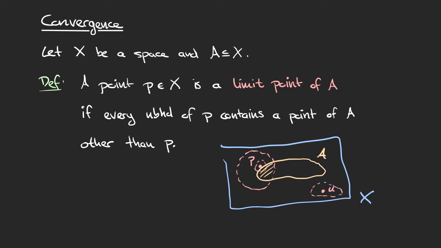You may be asking what's up with this condition that the intersection has to be with a point of A other than P itself. And this can be illustrated by the following example.